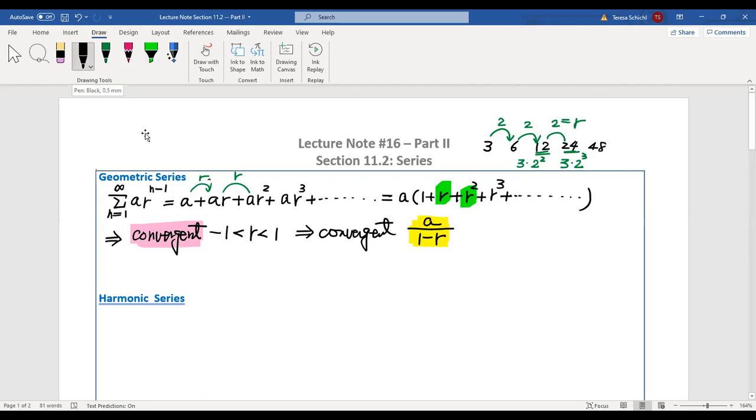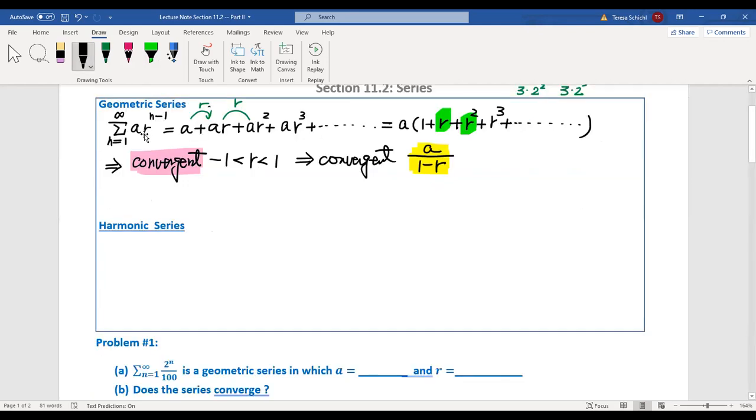So what is the harmonic series? The harmonic series is also a very popular series. It is the summation from n equals 1 to infinity of 1 over n.